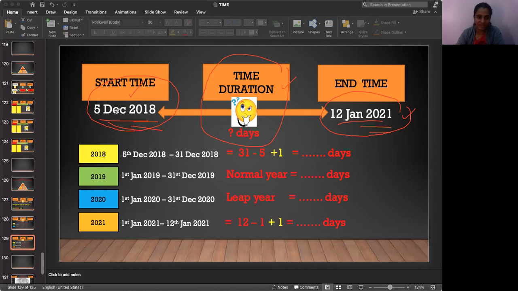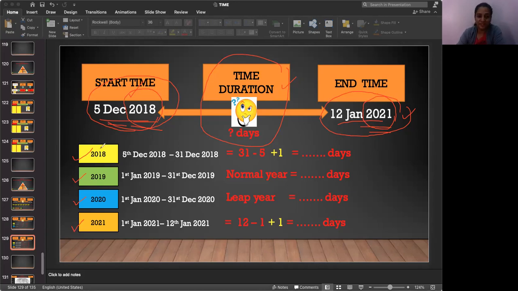But please note, this is not like December and then the next month is January. This is 2018 and this is 2021. So between 5th December 2018, we have 2019, we have 2020, and we have 2021.